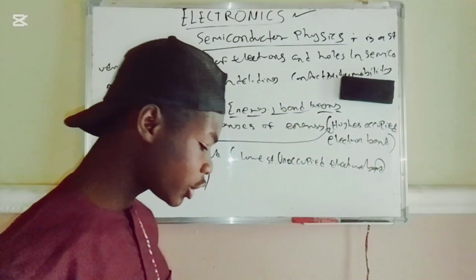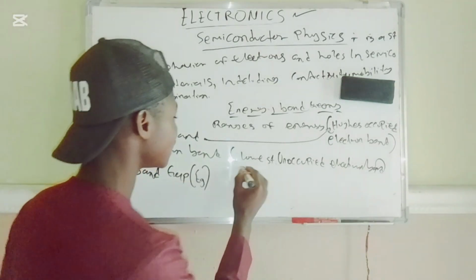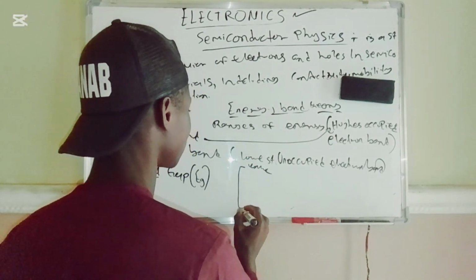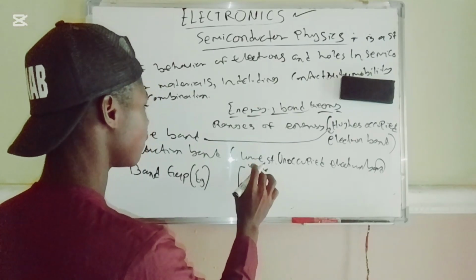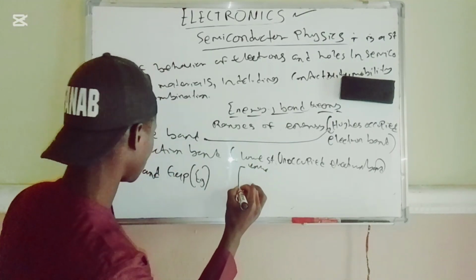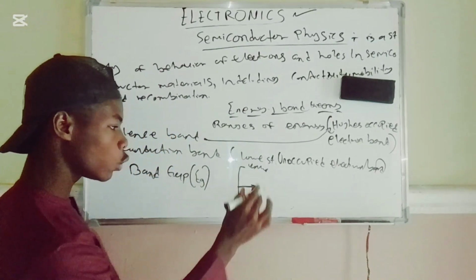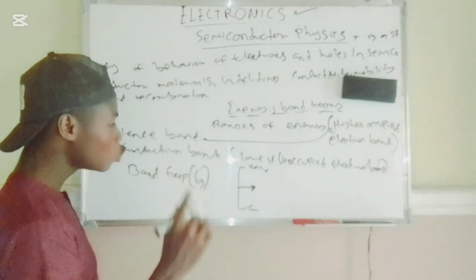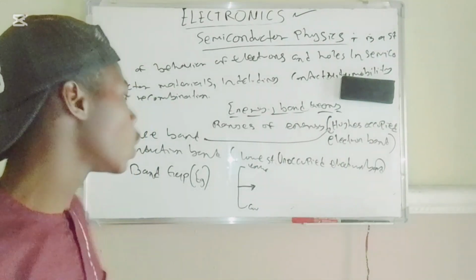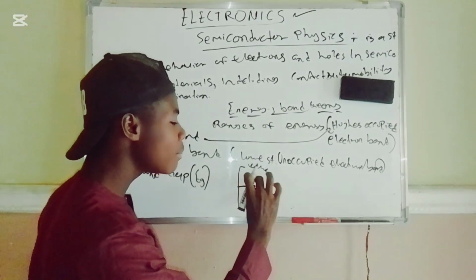So what is band gap? Band gap is the energy difference between bands. Suppose this is a valence band, and let me say I have a conduction band. The band gap is between the two bands, because it is the energy difference between two bands, whatever bands we have at top and bottom. So the middle of them is the band gap.